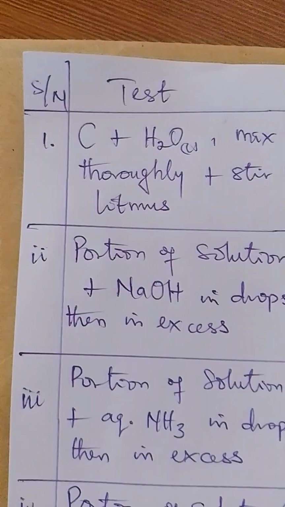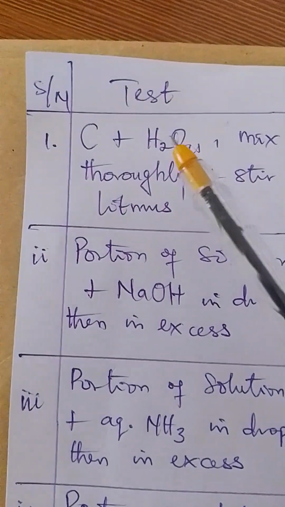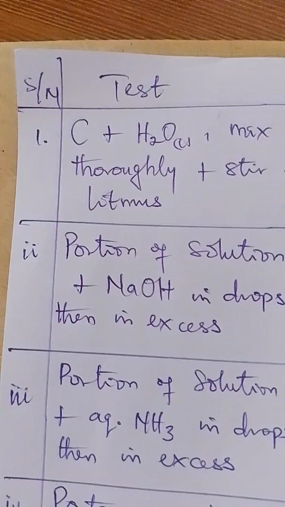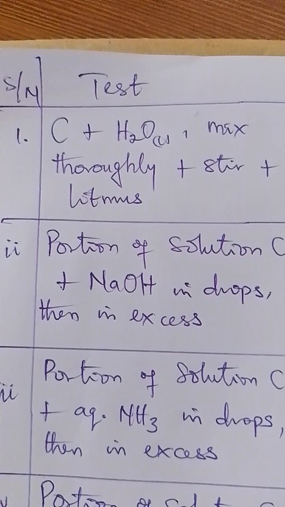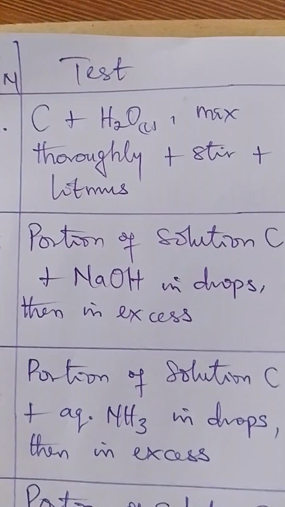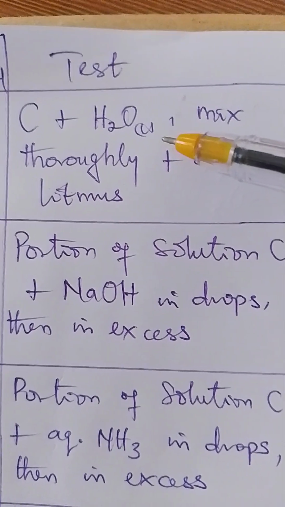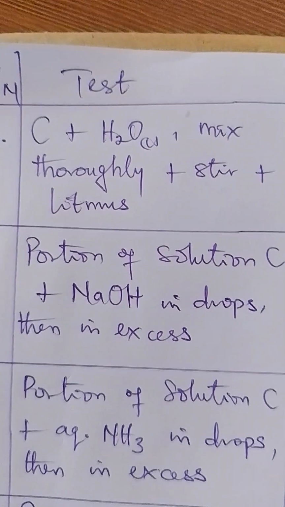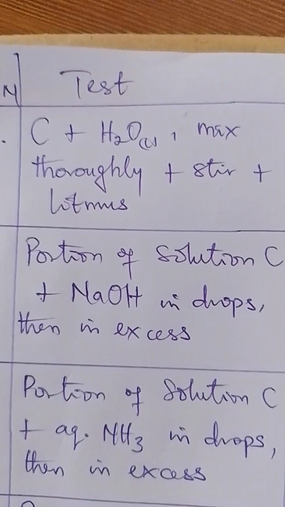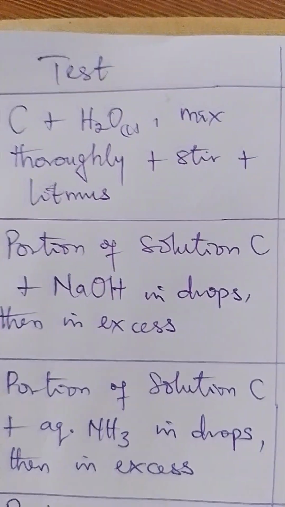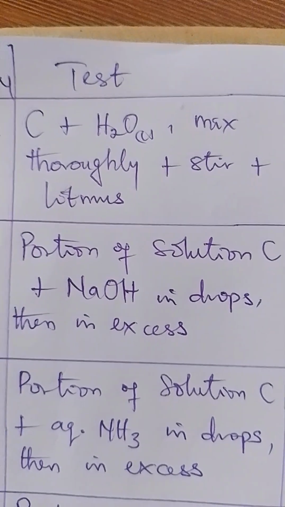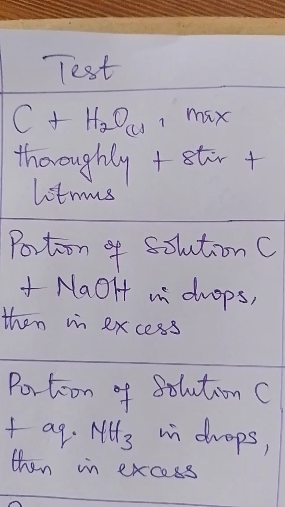So the first one, the sample C. You don't know what it is; it's after the analysis that you will know what it is. Sample C is mixed with distilled water, then mix it thoroughly, stir, and add litmus.